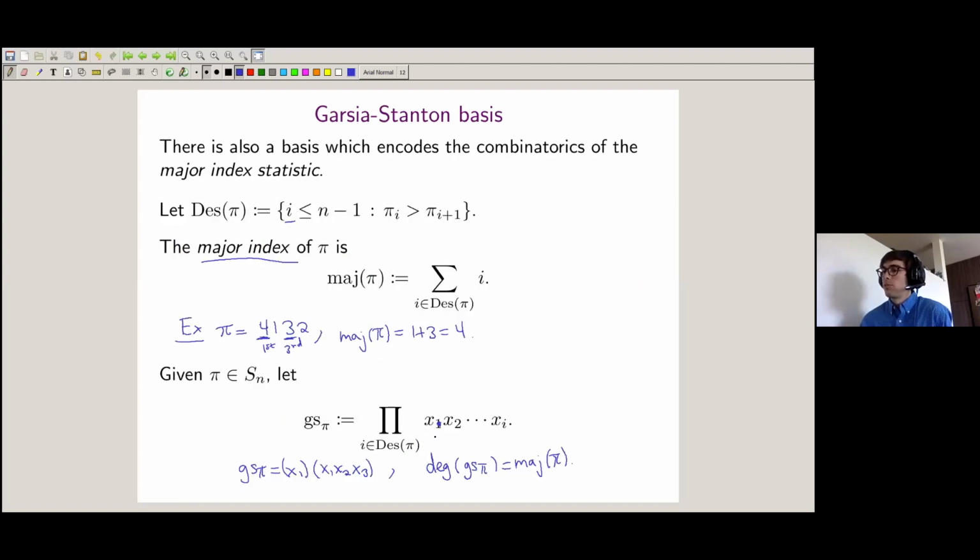I think this was supposed to be pi 1. Yeah. Okay, sorry about that. This is actually x4. Yeah, you're right. x4, x1, x3. That's better. Thank you, Sarah.